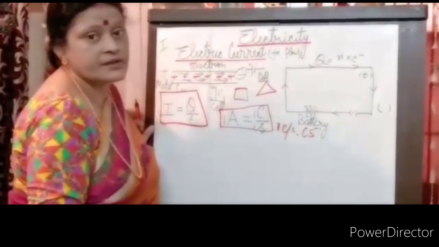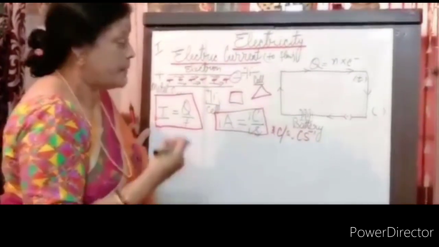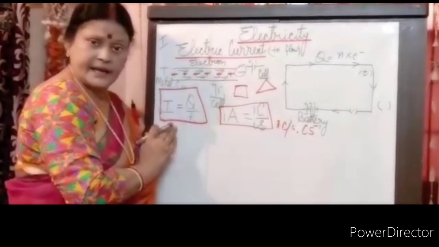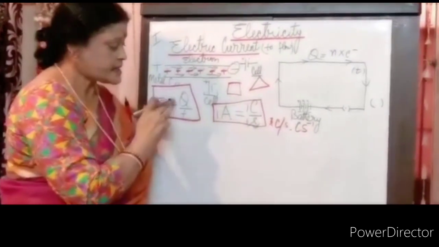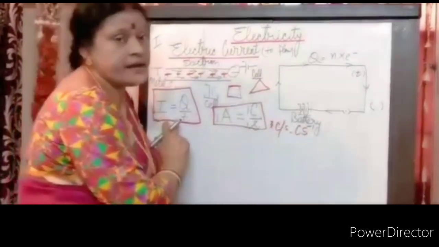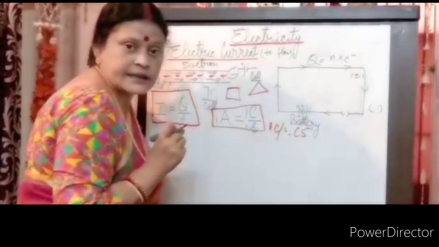A battery is rated in volts, 6 volt, 10 volt. This is how the battery is represented. Now, what is current then? It is the flow of charge in unit time in any cross-sectional area of the conductor. Clear?